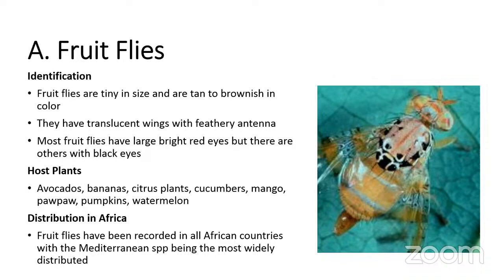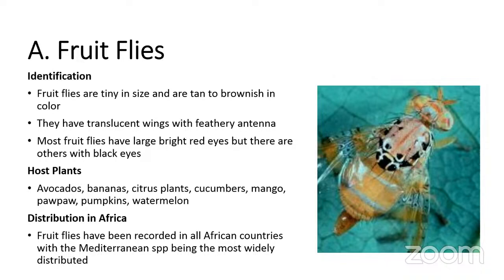How do we identify the fruit fly? The fruit flies are tiny in size. They are very, very small. And when you look at them, the color is brownish. The wings are translucent, almost transparent.